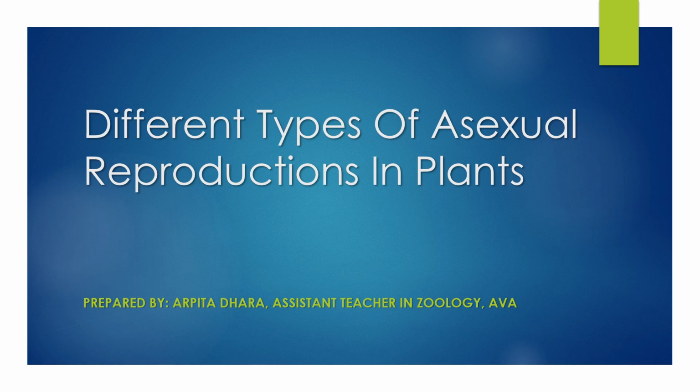We also discussed vegetative propagation. Today we are going to discuss the different types of asexual reproduction. Okay, so let's start.